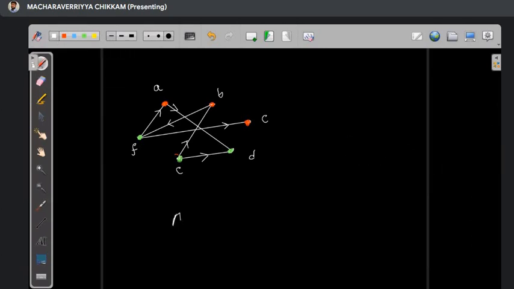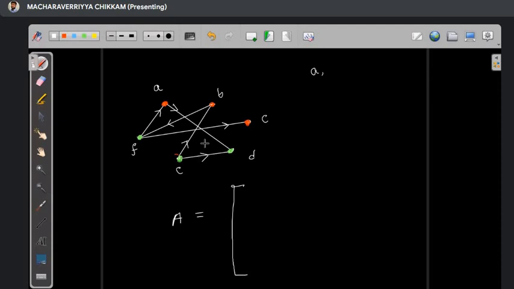So now let us write the adjacency matrix for this. What are the edges? Let me write the edges here. How many edges are there in total? 1, 2, 3, 4, 5, 6.